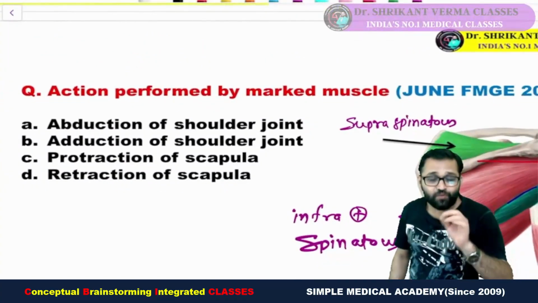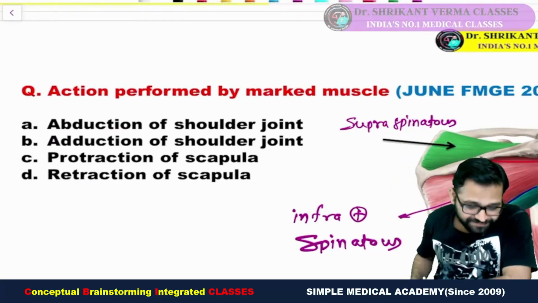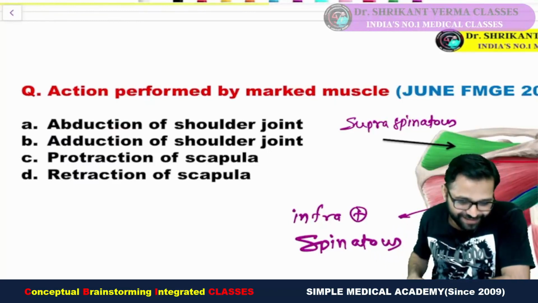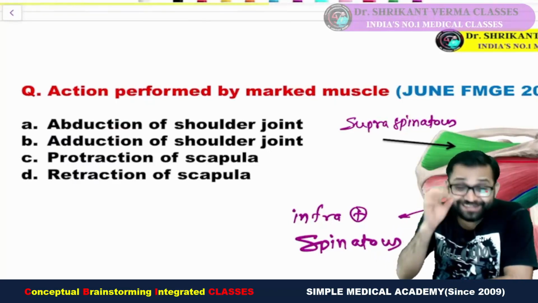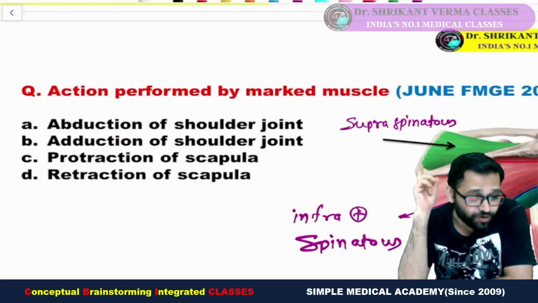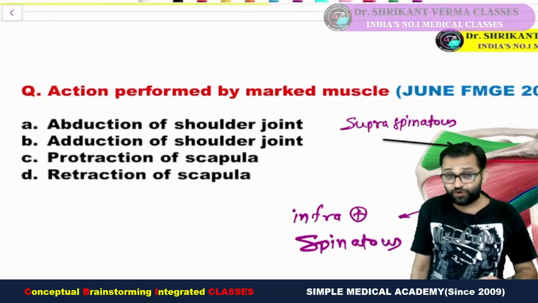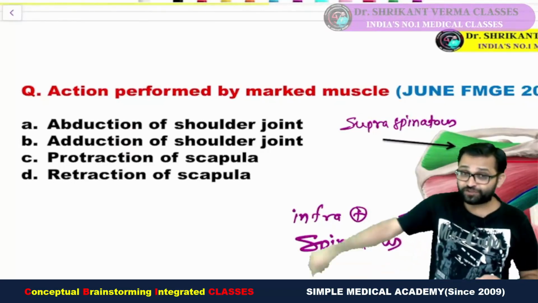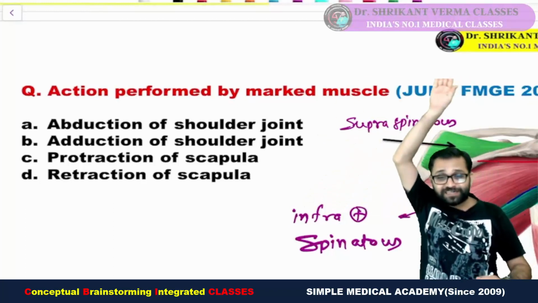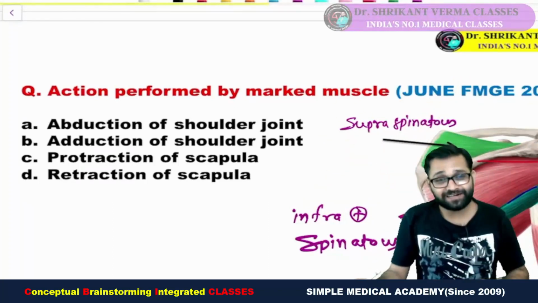So can you tell me what is the action of this supraspinatus muscle? Yes, very nice Osama, you are right. Son, what's in a name? But all the secrets lie buried in the name. Tell me what is the action of the supraspinatus? Do you remember the earlier concept: 0 to 15 degrees supraspinatus, 15 to 90 degrees is done by the deltoid, and then 90 to 180 degrees is performed by serratus anterior and trapezius.